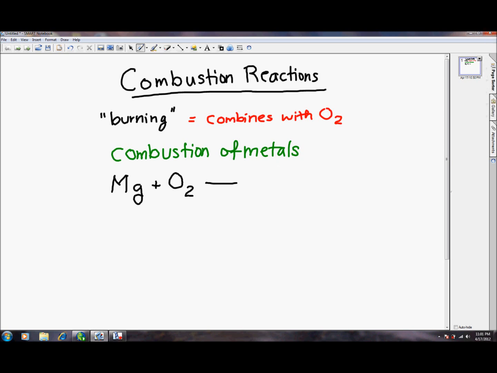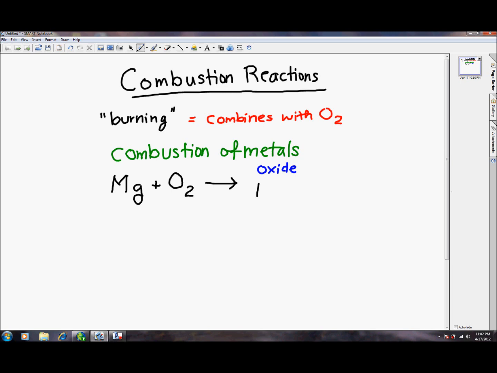Well, what actually is the result or product of this particular reaction? Anytime you're going to combust a metal, your product is going to be the oxide of your metal. So we're combusting magnesium, so our product is magnesium oxide.